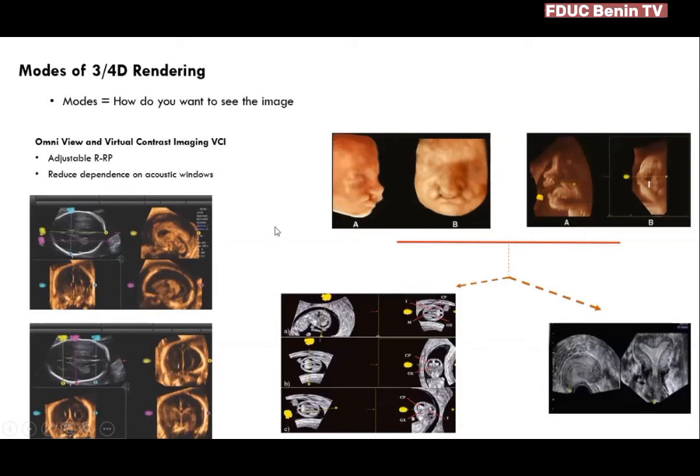The value of the OmniView and virtual contrast imaging can be best demonstrated in this scenario, where on surface rendered mode we have what appears to be a cleft palate, a cleft lip, sorry.